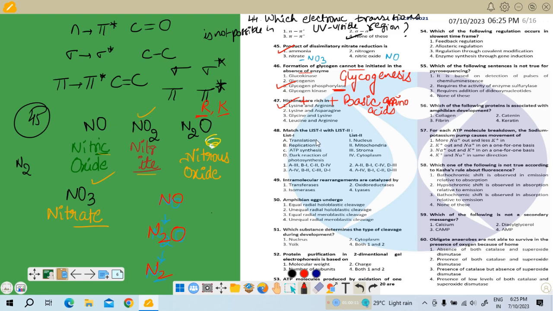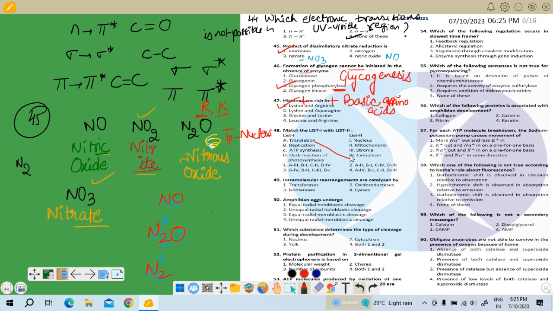Then 48, match list 1 with list 2. Translation occurs in cytoplasm, and transcription occurs in nucleus. Translation, formation of amino acids, proteins, all take place in cytoplasm. And transcription is in nucleus, that is RNA.